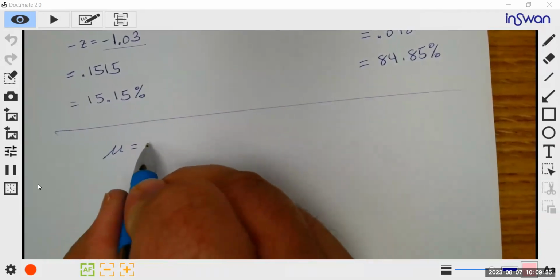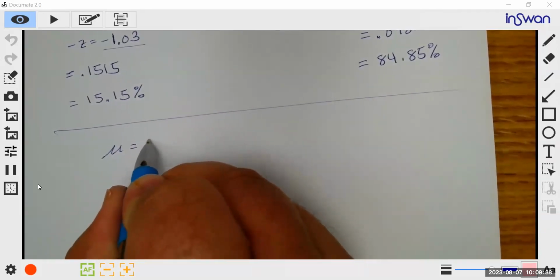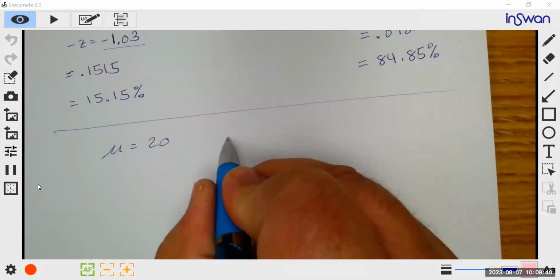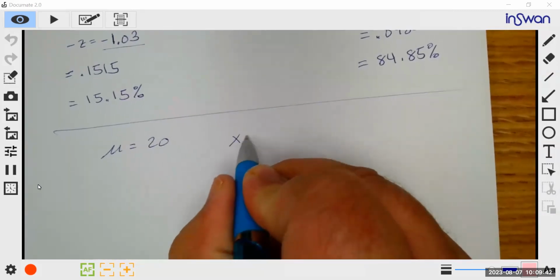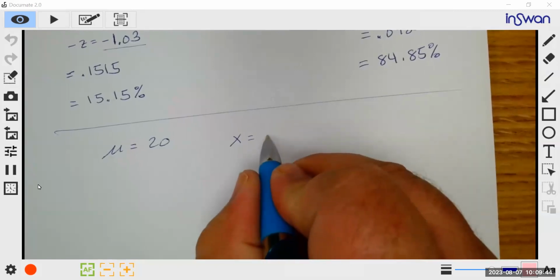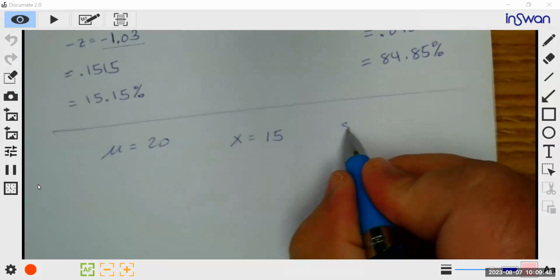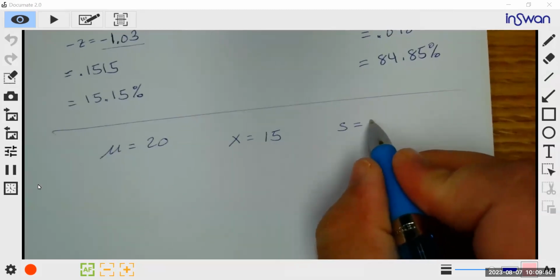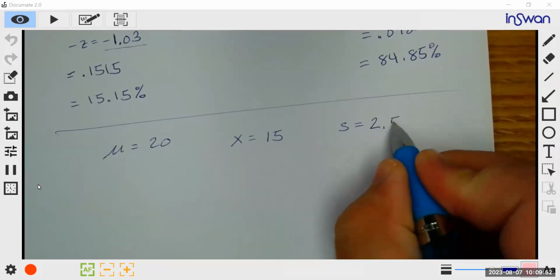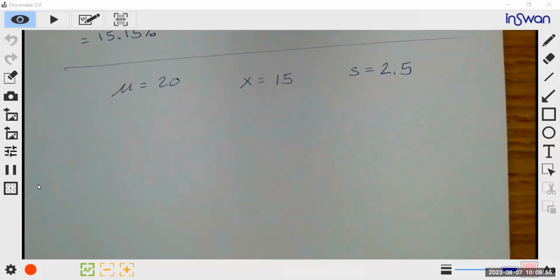So let's say the mean was 20. You're looking for a value of 15, and the standard deviation was 2.5. Tell me the probability, the percent chance of that happening.